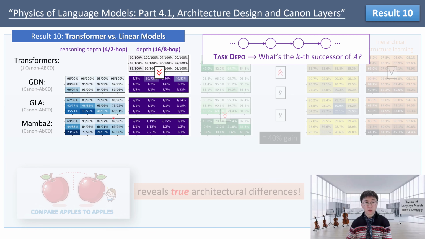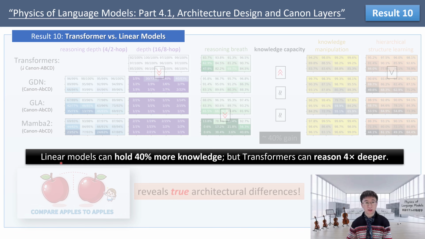The linear models, at least GDN, can perform quite well on 4-hop reasoning, but not really for 16 or 8-hop reasoning. So we summarize as follows: linear models can hold 40% more knowledge, but transformers can reason 4 times deeper. This can be very cleanly seen using our synthetic pre-training playground.